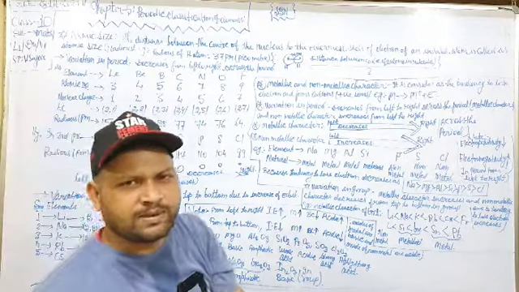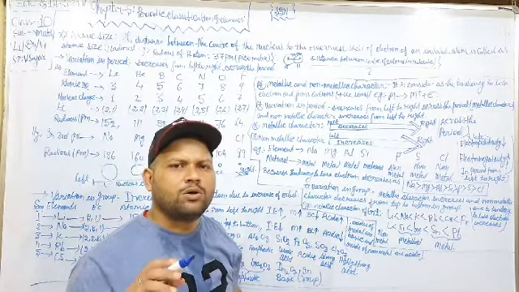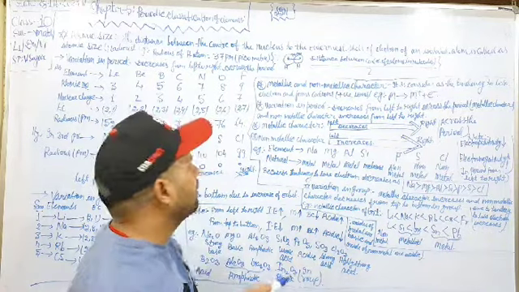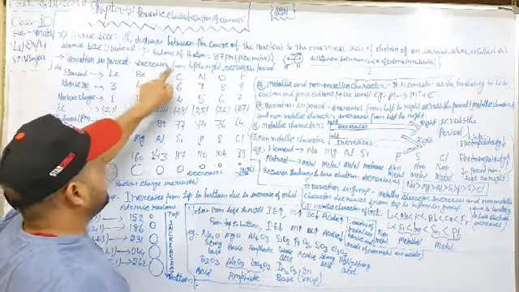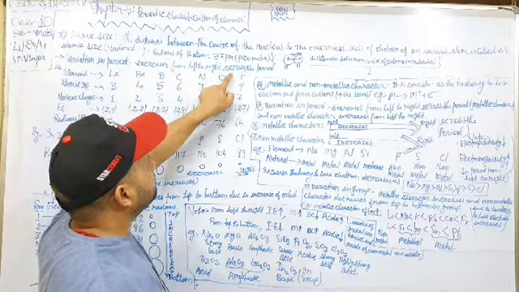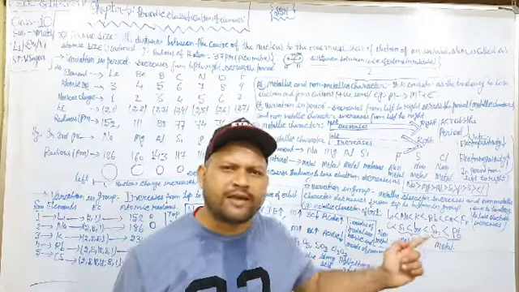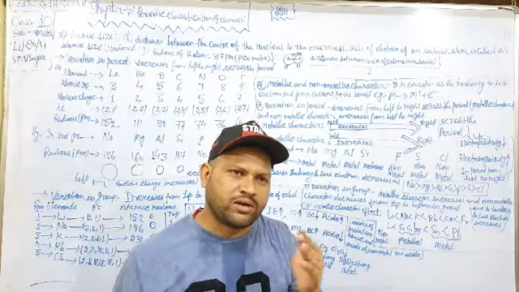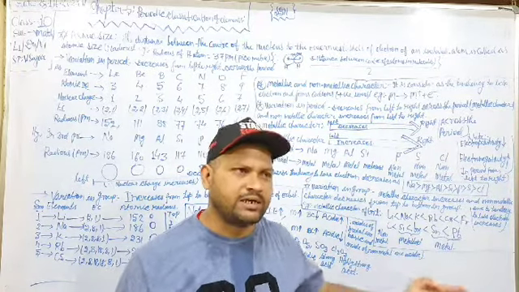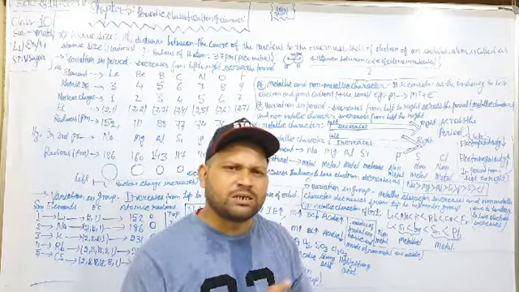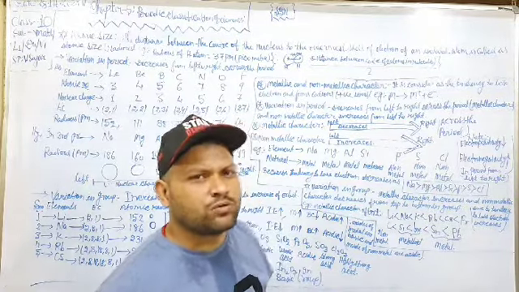Always remember, atomic size decreases from left to right across the period. When we move from left to right, the atomic size of elements decreases. First, how are we able to calculate it?